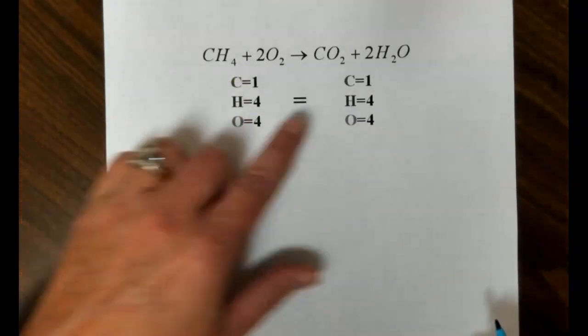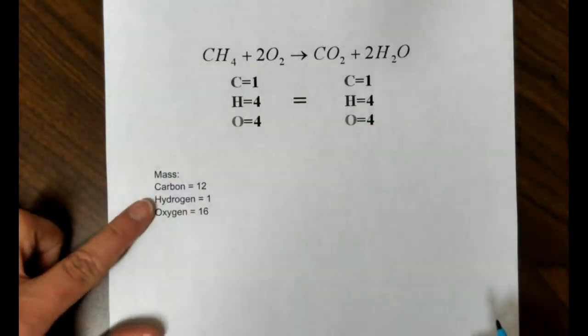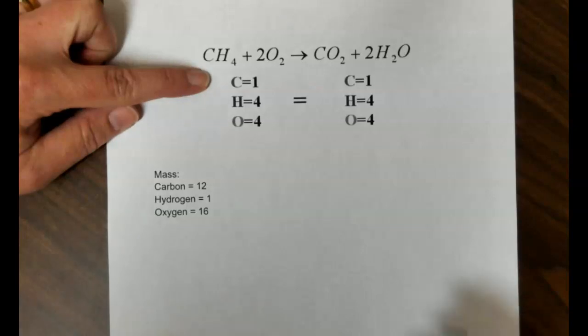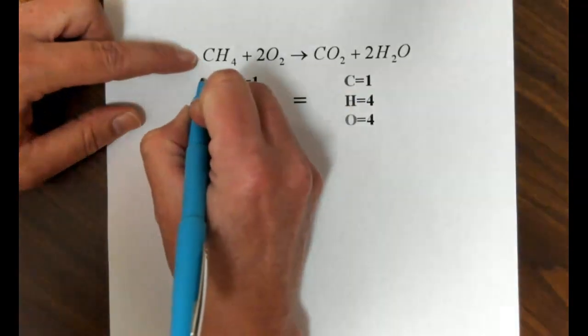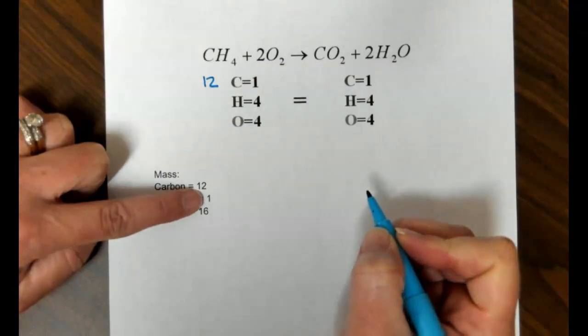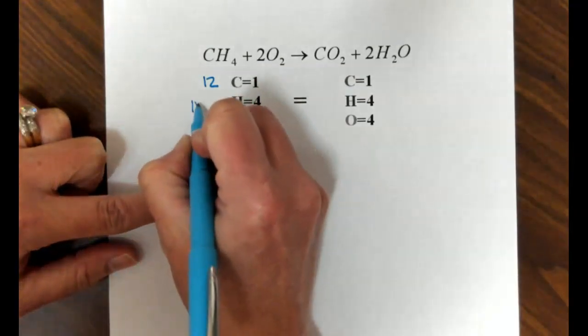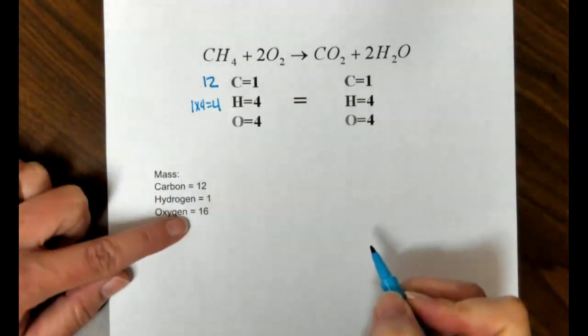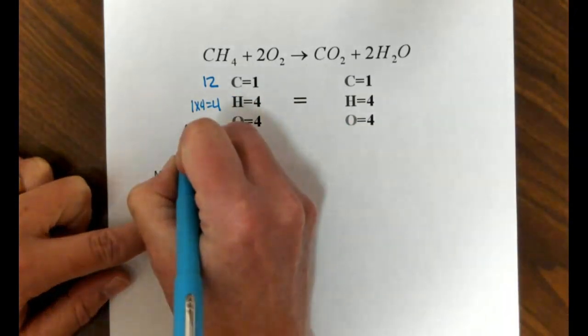Based on these numbers of atoms, we're going to calculate and see if they're the same. On my reactant side, I had 1 carbon, so I'm looking at a mass of 12. I had 4 hydrogens. Each hydrogen has a mass of 1. I have 4 oxygens. Each oxygen has a mass of 16.